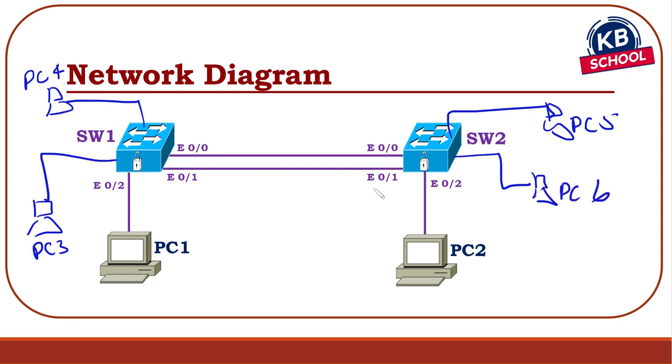Now what's happening is, if this link had gone down, I would just lose the communication to PC 2. If this link goes down, I would just lose the communication to PC 5. But if this link had gone down, I would have lost all the communication between all the devices on one side to the other. So it becomes imperative that you provide some type of redundancy between the two switches.